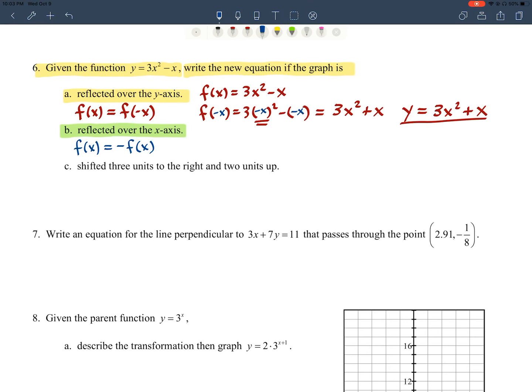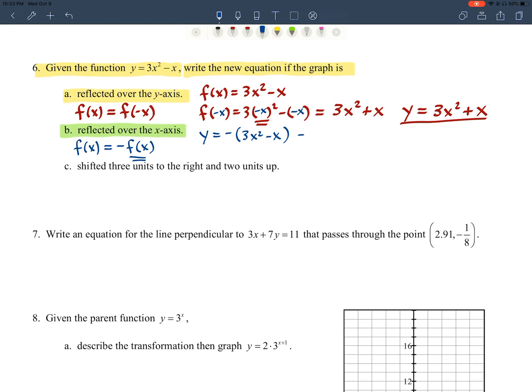So in this case, we're going to take the opposite of everything there. So when we take our y, it would have to equal the opposite of 3x squared minus x, right?